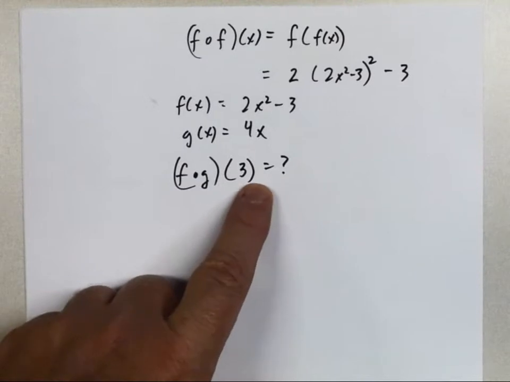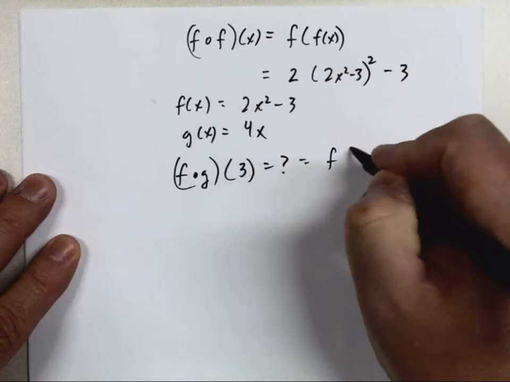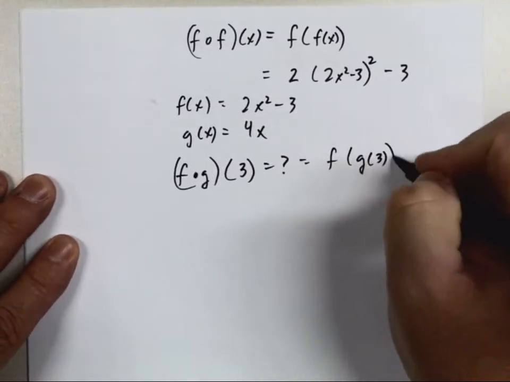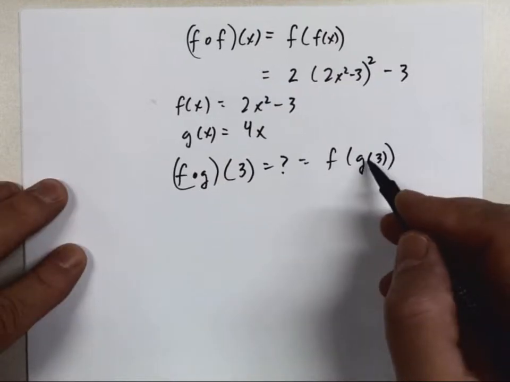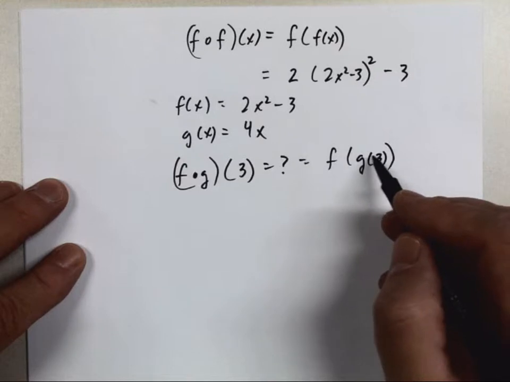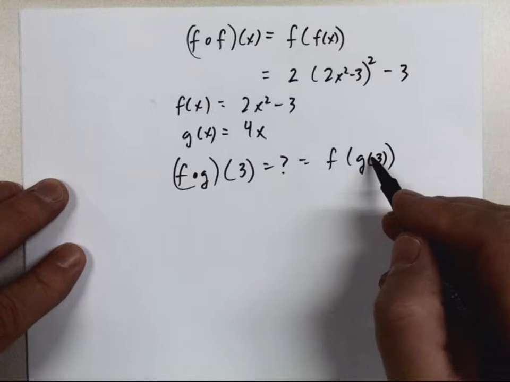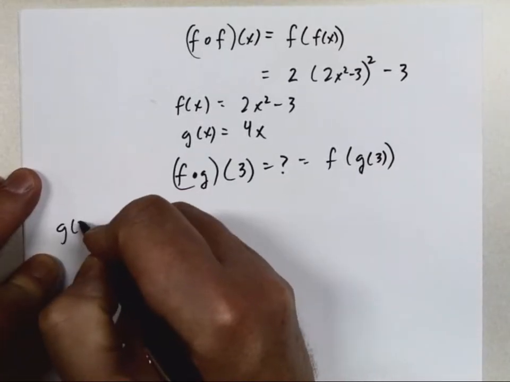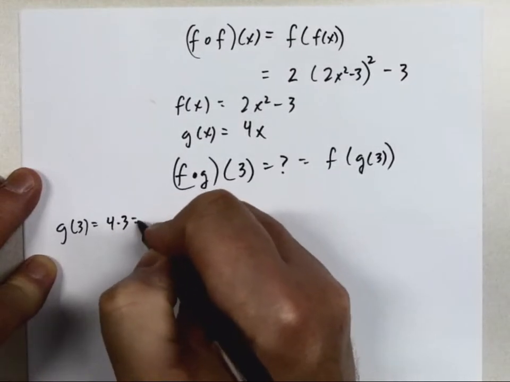So it's really F composite G of 3. Now once again, first step is always to rewrite this composite. So in this case, it would be F of G of 3. Now this ends up being easier to solve than what I have been doing, because I can immediately go ahead and plug in the 3 into my G function, and I can plug that number in here. So it's G of 3 is 4 times 3, which is 12.